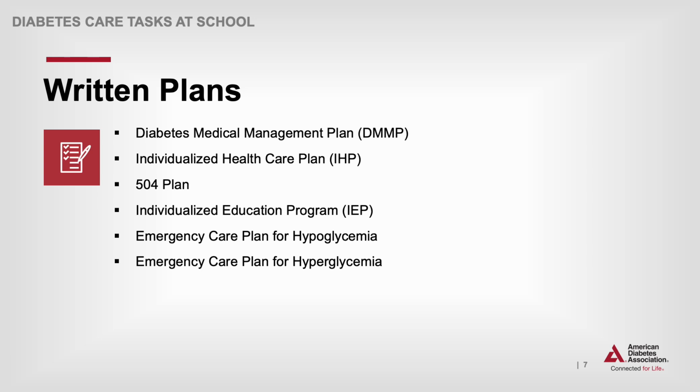An individualized education program is required for students who receive special education and related services under the Individuals with Disabilities Education Act. The emergency care plans are quick references developed by the school nurse that describe the individual student's symptoms and treatment of hypoglycemia and hyperglycemia.